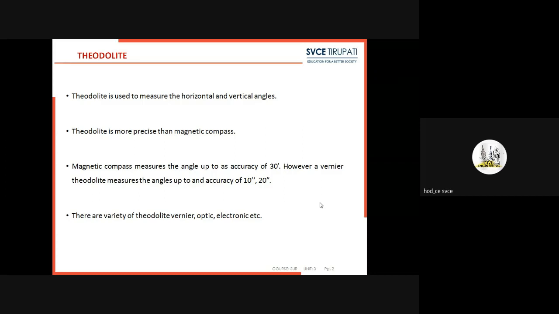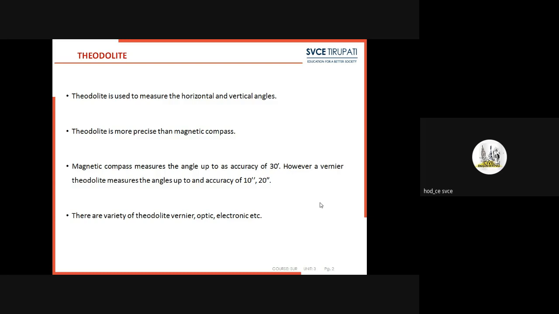So because of that, you may get more accuracy. So see here, 10 seconds means how we are going to take the value, right? It depends on which one is better to use.